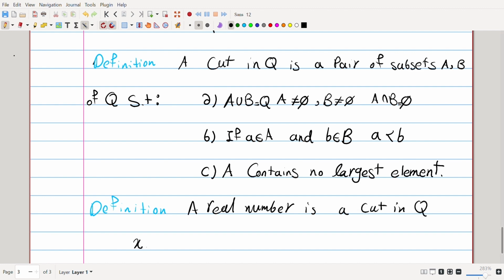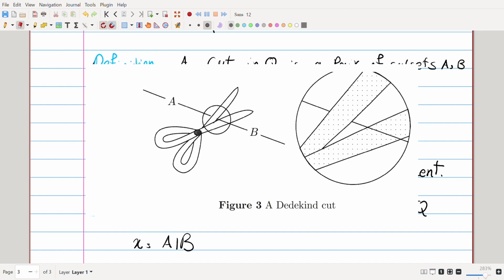And if x is a real number, we show it like this: A cut B, if A and B are the sets in our cut. And if you're having problems imagining what a cut is, just imagine you are cutting through a line, and where you are cutting exactly will be your cut.